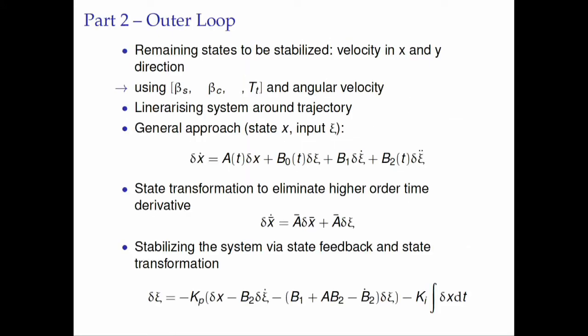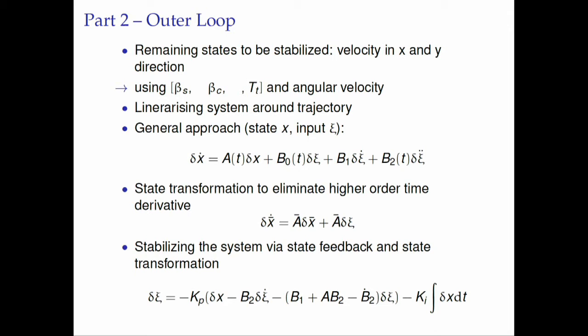Sorry, that was too fast. And we do that by linearizing the system about the trajectory I gave. So a general approach, that's just a Taylor series. So it looks complicated, it's not.